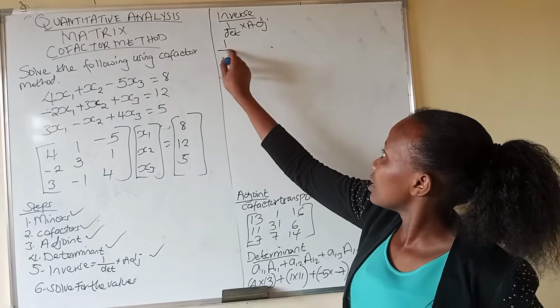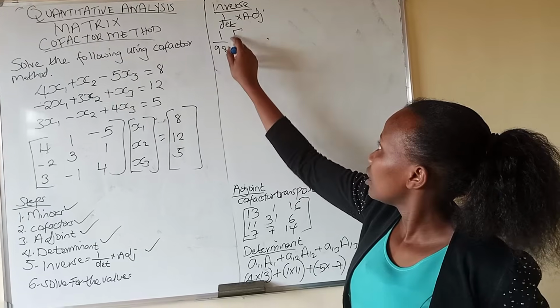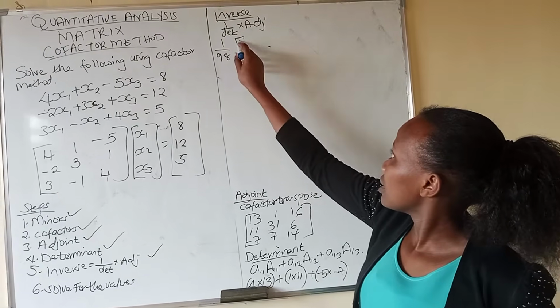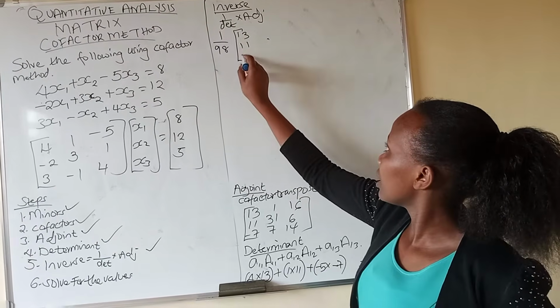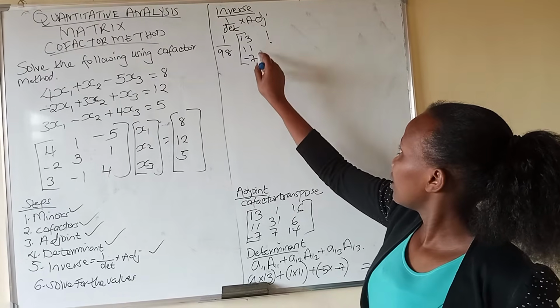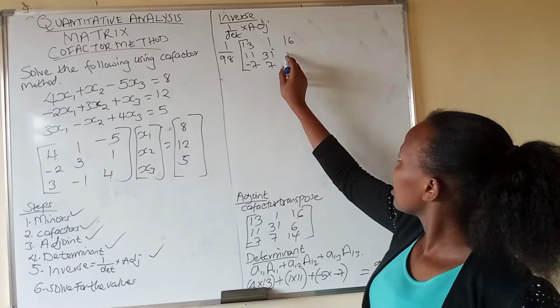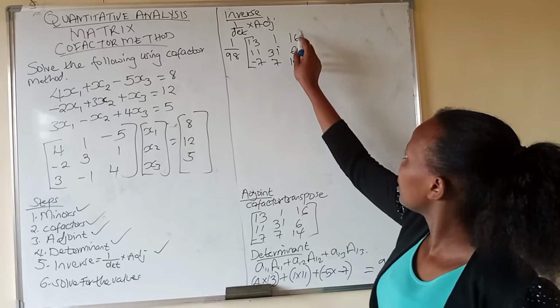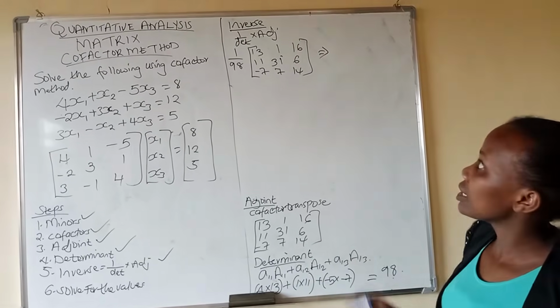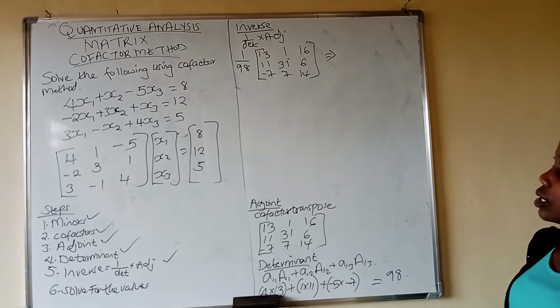And in our case, the determinant is 98. You multiply with 13, 11, negative 7, 1, 31, 7, 16, 6, and 14, for you to be able to get the inverse.